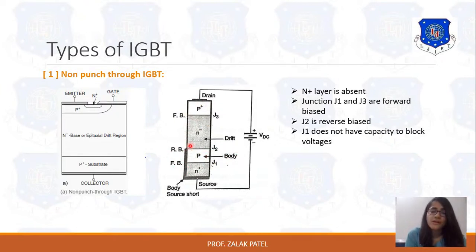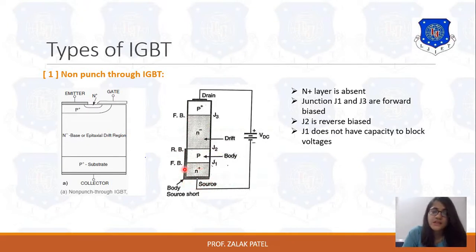Now what will happen when we apply a negative voltage across the IGBT? When we apply the negative voltage, J3 will be reverse biased and J1 is also reverse biased, but J2 will be forward biased. Because of this, J3 will take the breakdown voltage. Here J1 cannot withstand the breakdown effect because the source is heavily doped.